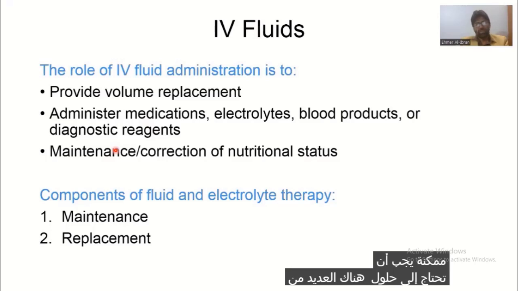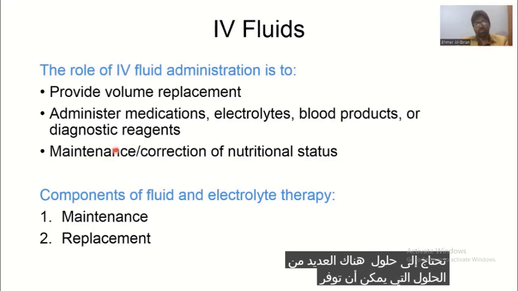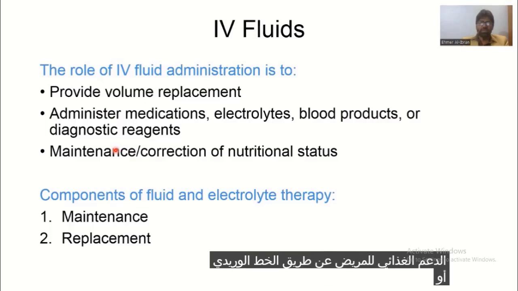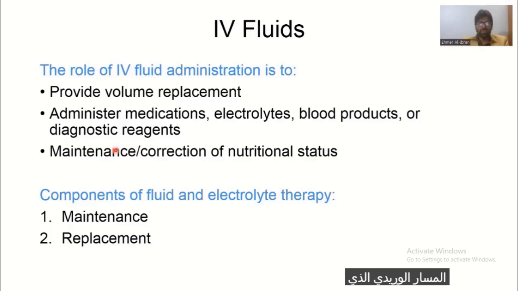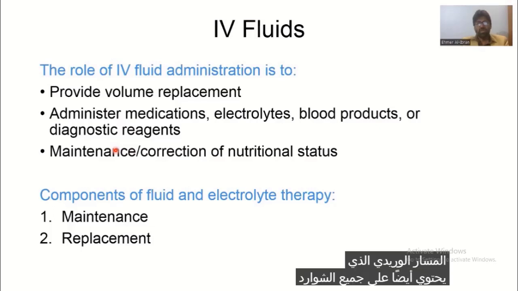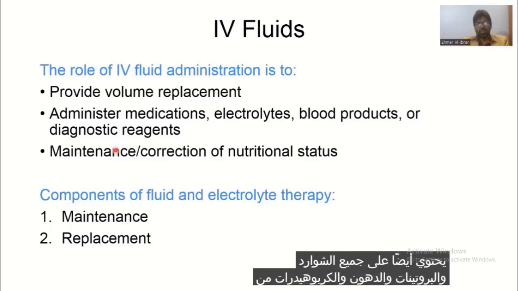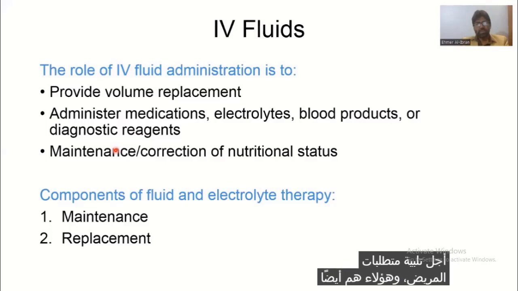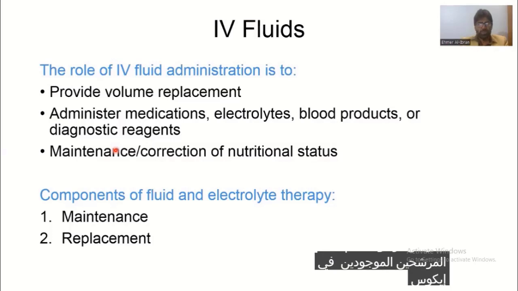There are so many solutions which can provide the nutrition support to the patient by IV line or intravenous pathway. That also contains all the electrolytes and the protein, fat, and carbohydrate in order to meet the requirement of the patient. These are also the candidates which are present in ICUs.